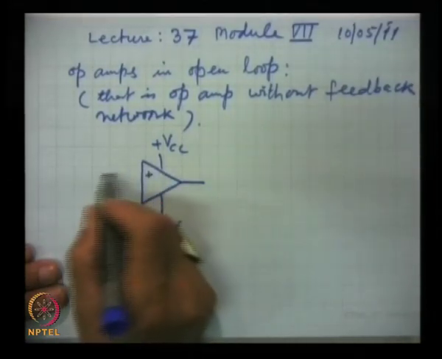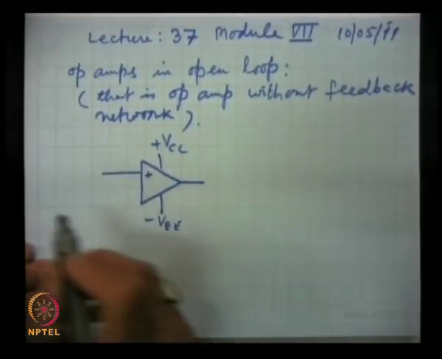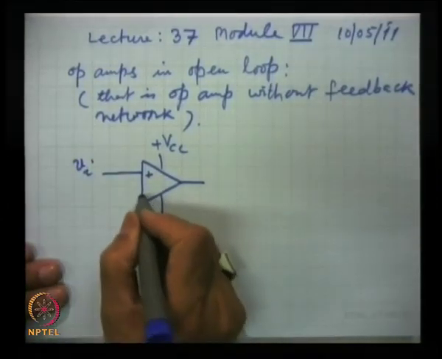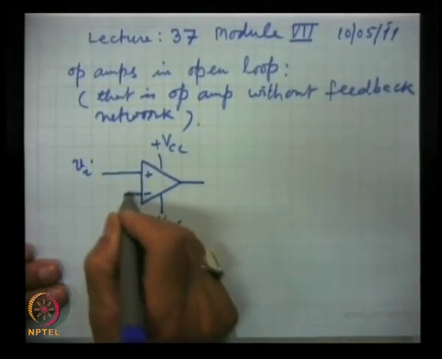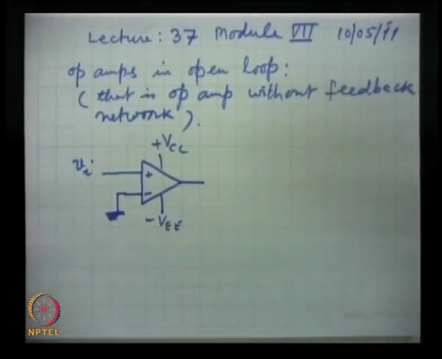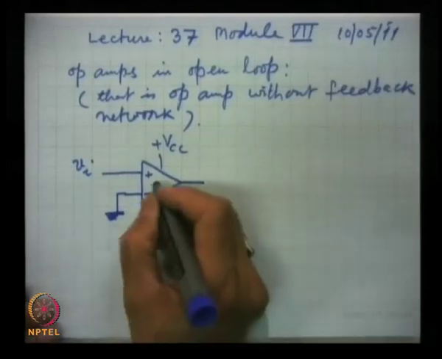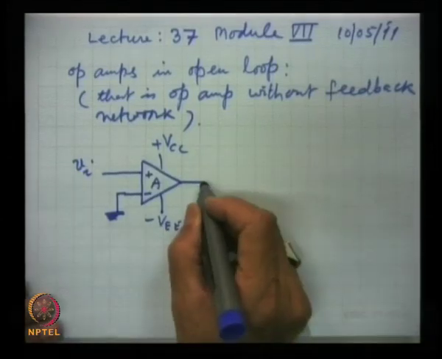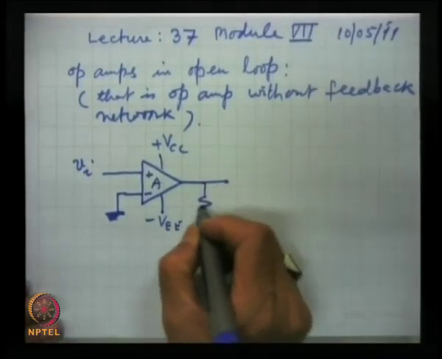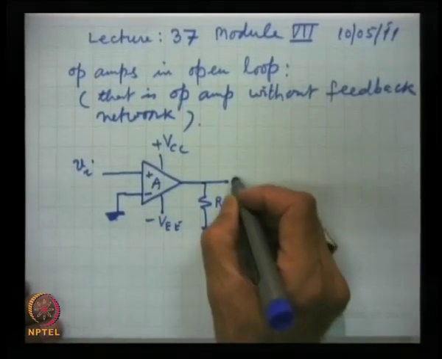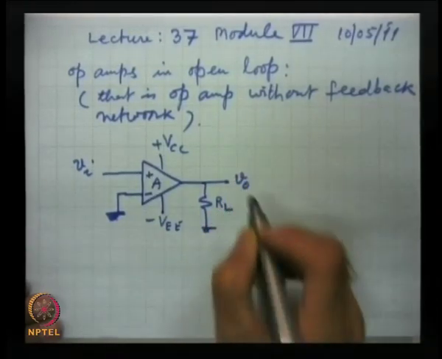This is the non-inverting input to which we apply an input signal and let this inverting input be grounded. Now, this A is the open loop voltage gain and V out we take from here, RL and this is V out.